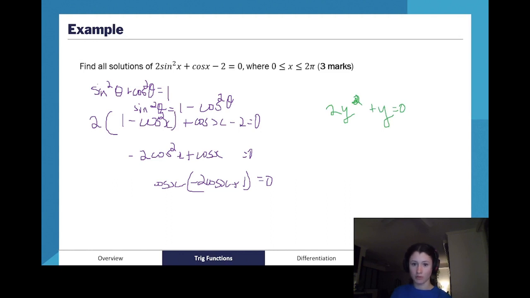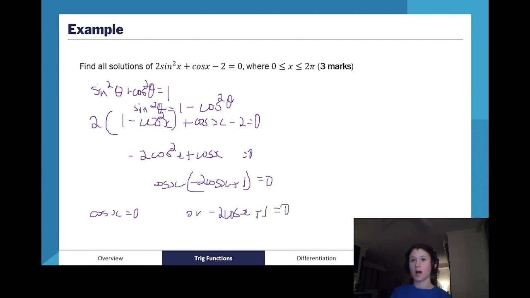How would you solve that? You just factorize out y and use null factor theorem. And that's exactly what we're doing here. So we know that cos of x equals 0, or negative 2 cos x plus 1 equals 0.